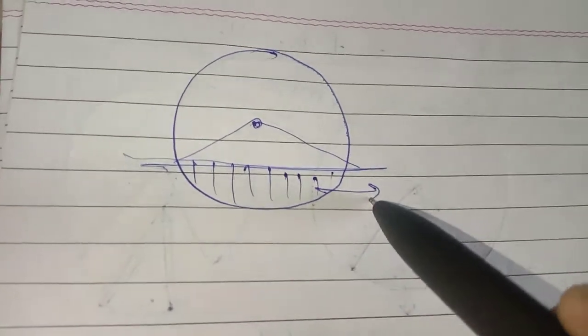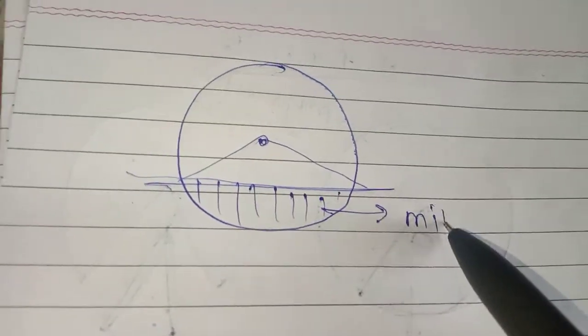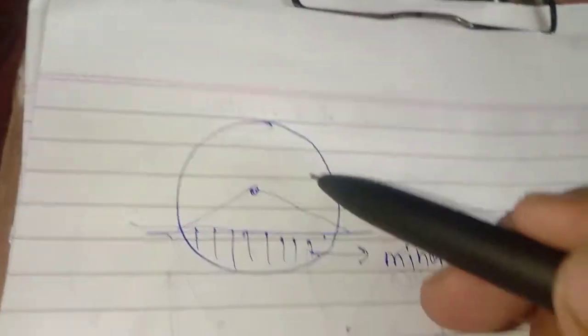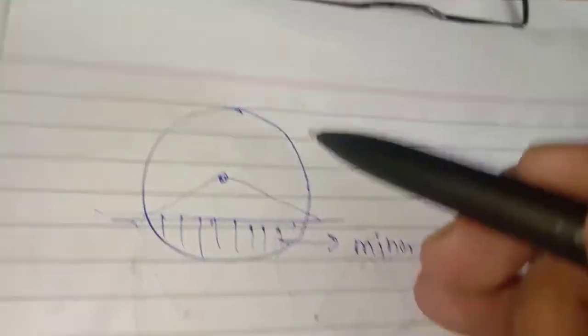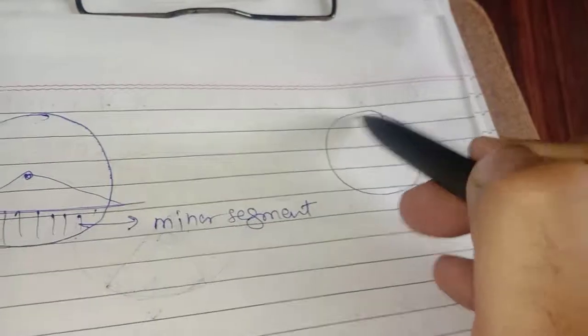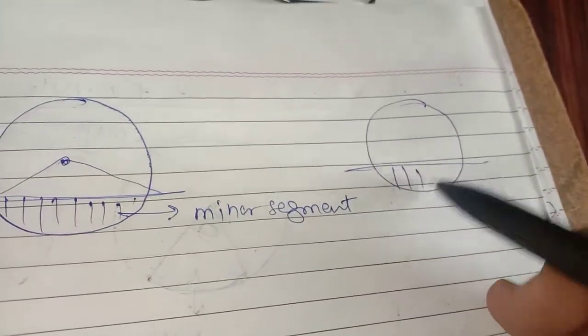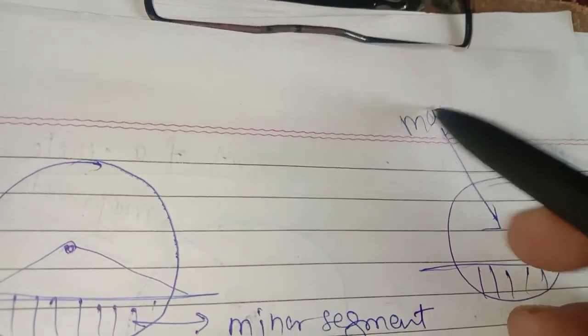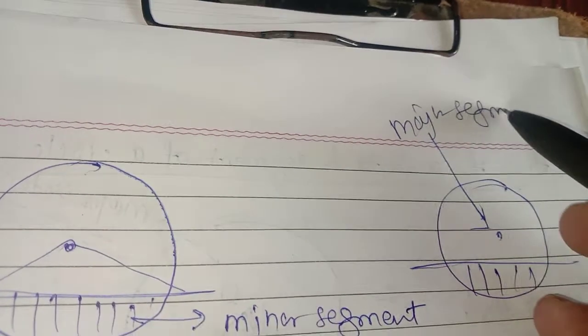This portion is called the minor segment. And the remaining portion, which is left after we have taken out the minor segment, including the center of the circle, is considered the major segment.